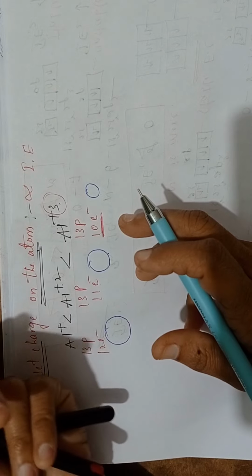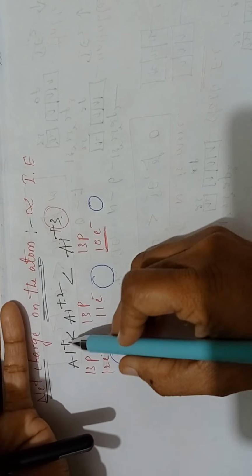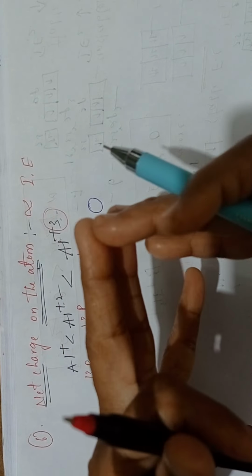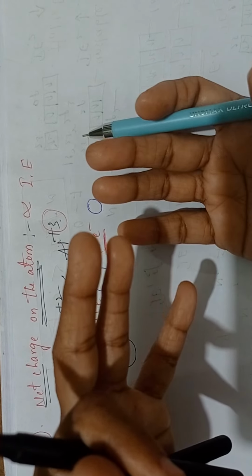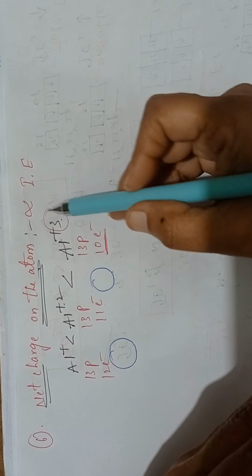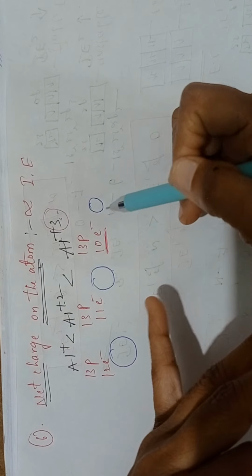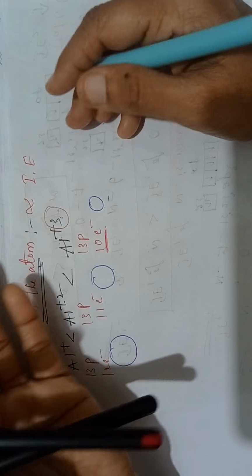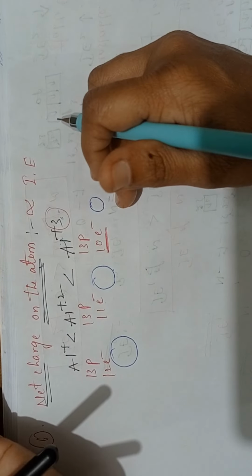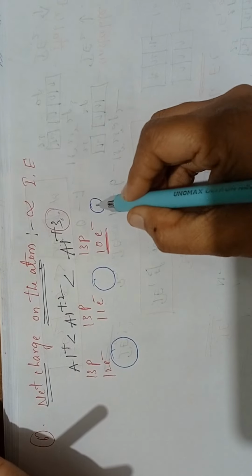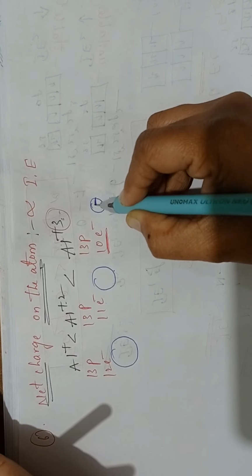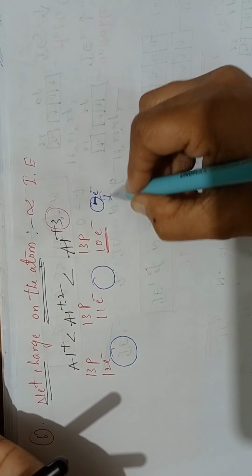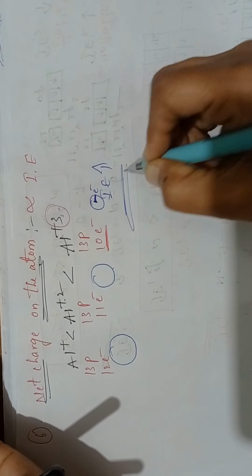So more charge means size is small. Whenever size is small, nuclear attractions on the electrons are more. So that's why ionization energy is more in this case.